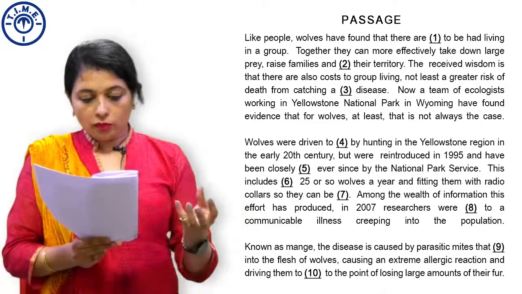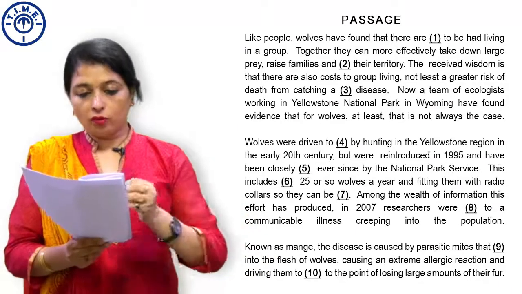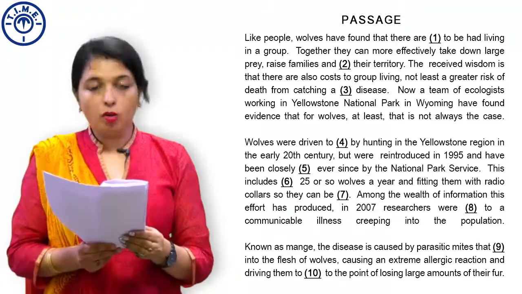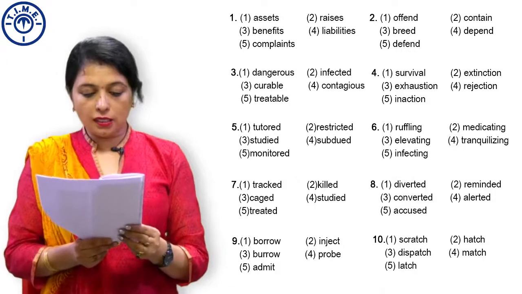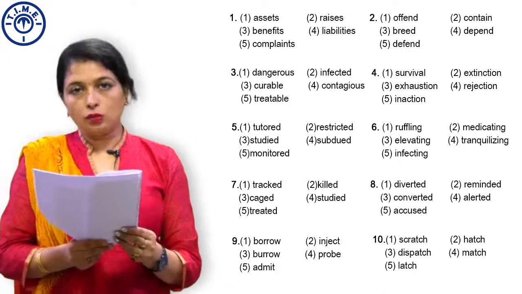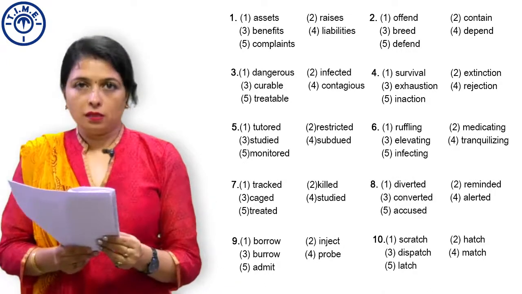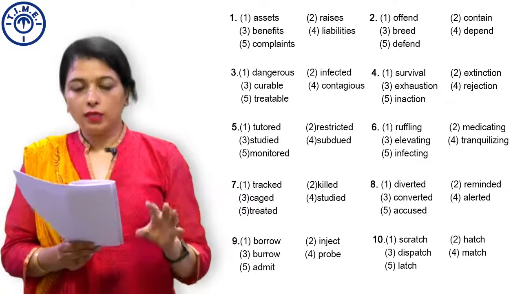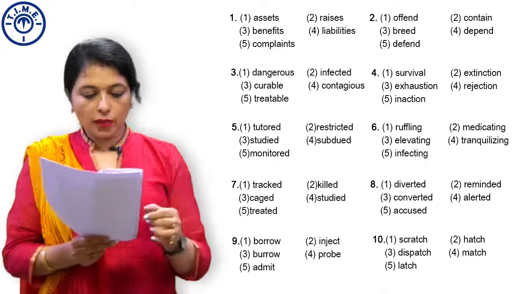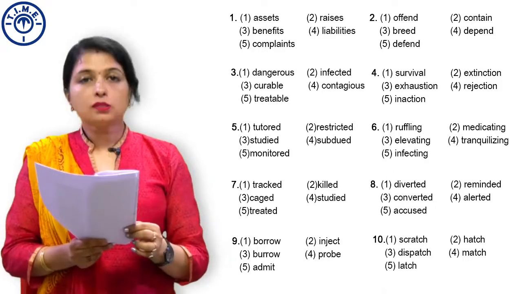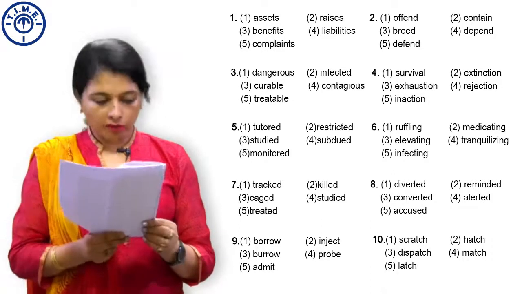So, tutored is ruled out, restricted, studied and subdued also are ruled out. They were not studied, they were watched over carefully and only monitored works in this context, fine. So, for blank number 5, the answer is choice number 5.